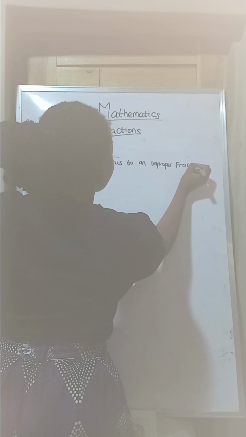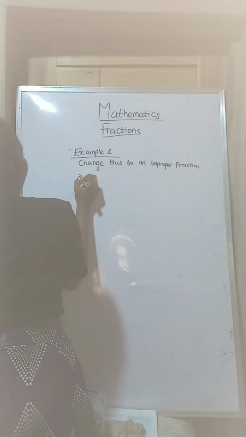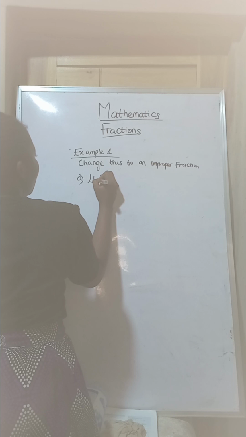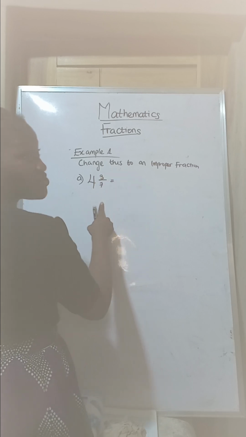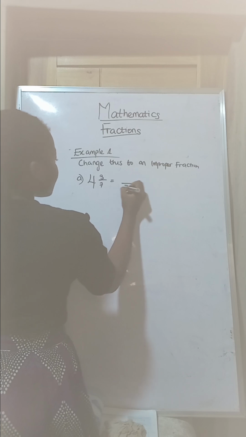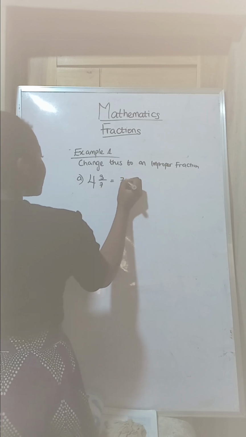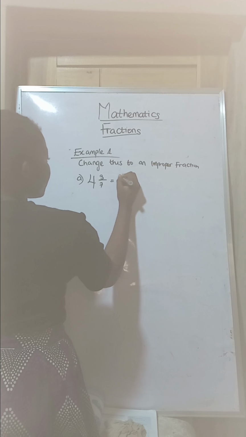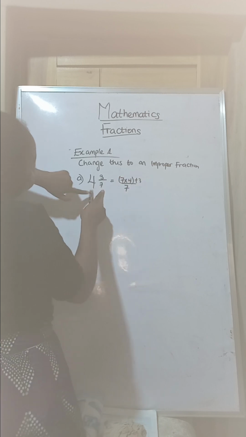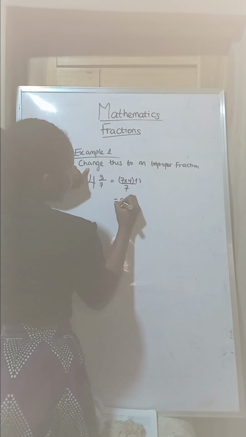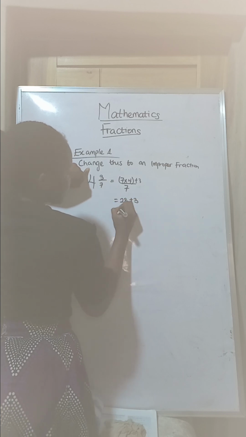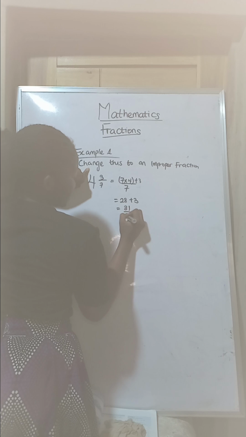So this is what you do. So let's say you have 4 whole number 3 over 7. I told you that this denominator is retained. So you write over 7. So you do 7 times 4 plus 3. This 7 here times 4, this big number here, plus the 3 on top. So we have 28 plus 3. That's 31 over 7.